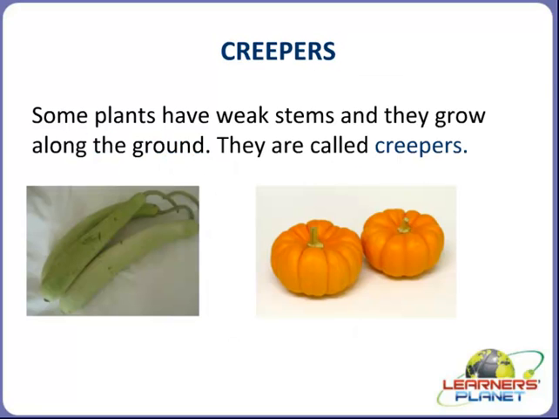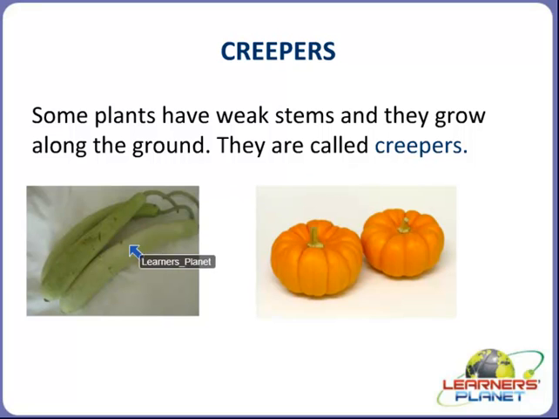The fifth type of plant now we will study is a creeper. Children, some plants have weak stems and they grow along the ground. These plants are called as creepers.